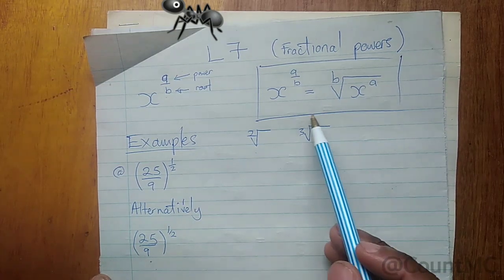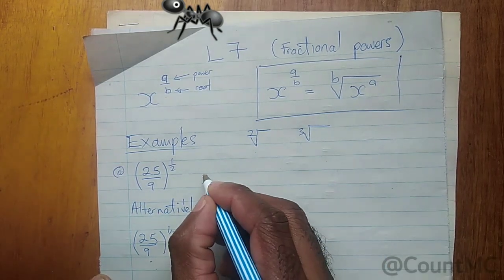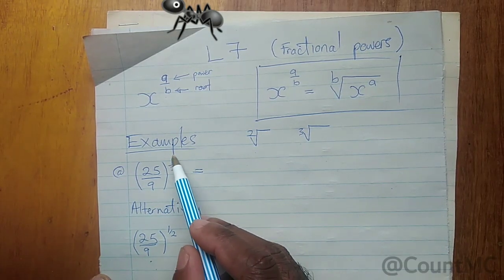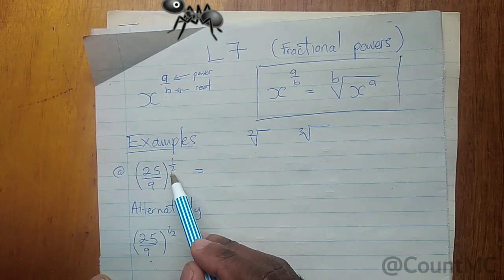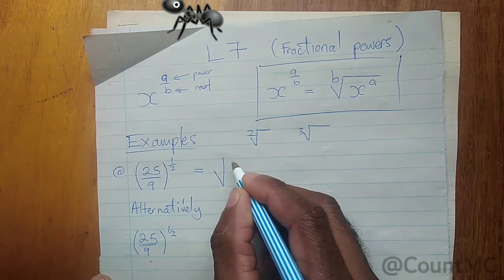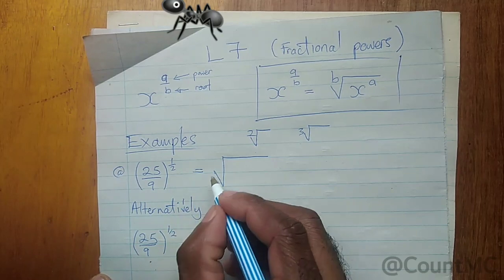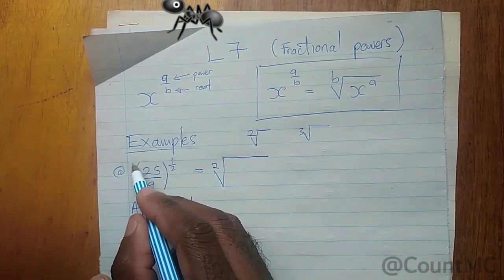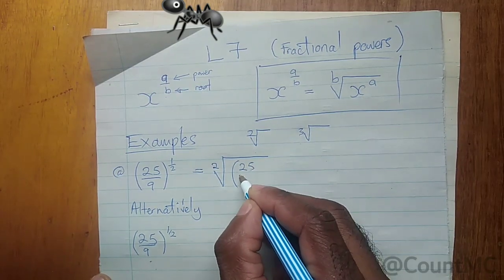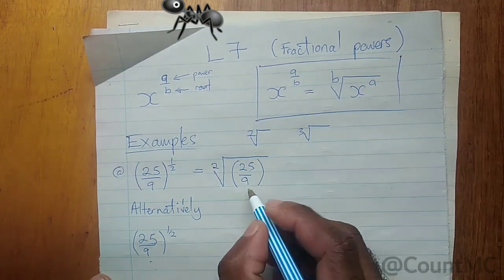So let us start by using this. We said when you are given a fractional power, this is a power and this is a root. So this 2 means it is the square root of the whole bracket, 25 over 9.